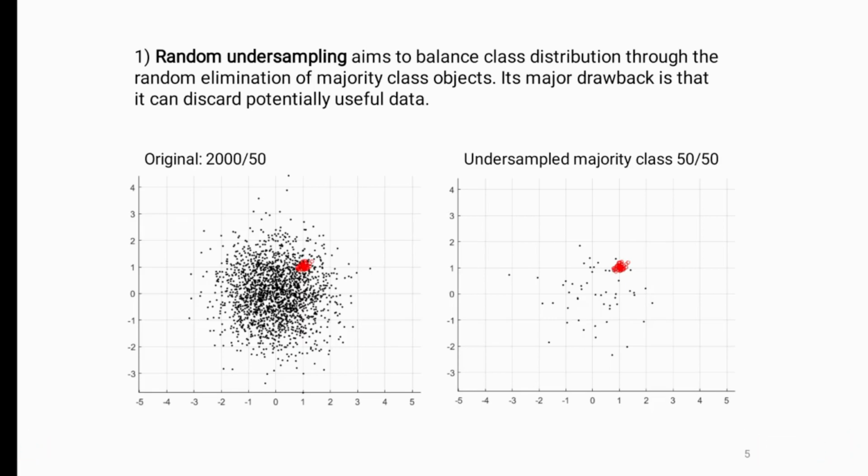So this is one of the quickest and easiest to understand methods that we could do. We just take a random number that matches our minority class from the majority one. Great, fine. Easy, no muss, no fuss. But it could be throwing away important and useful information about the data set.